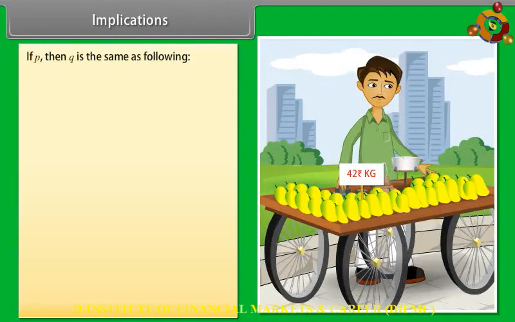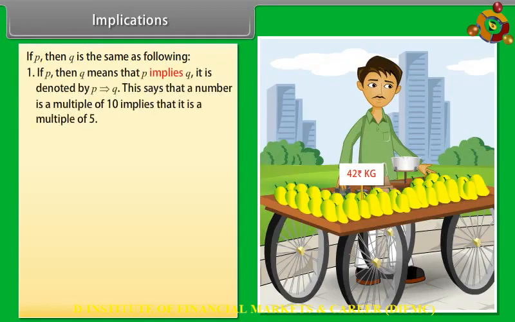If P, then Q is the same as the following. If P, then Q means that P implies Q. It is denoted by P ⇒ Q. This says that a number is a multiple of 10 implies that it is a multiple of 5.